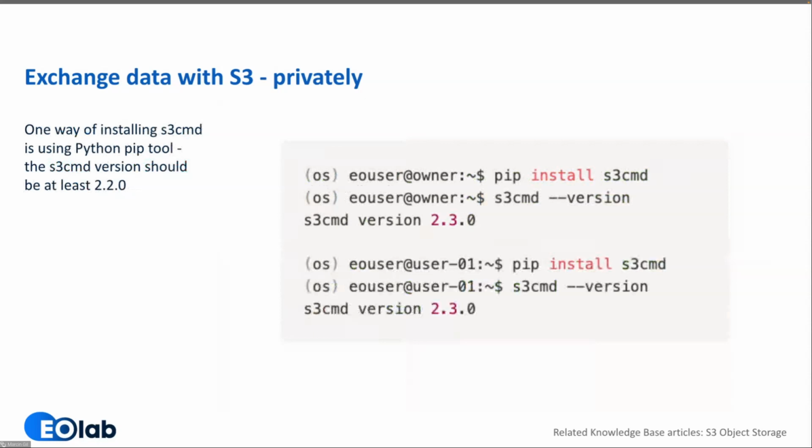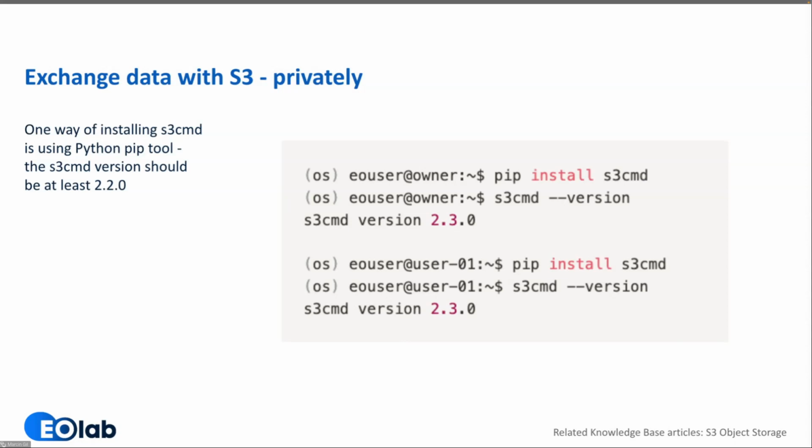This is an example of how you can install S3CMD. It's important that S3CMD should be at least 2.2.0. You can do it directly in Ubuntu, for instance, using sudo apt install.